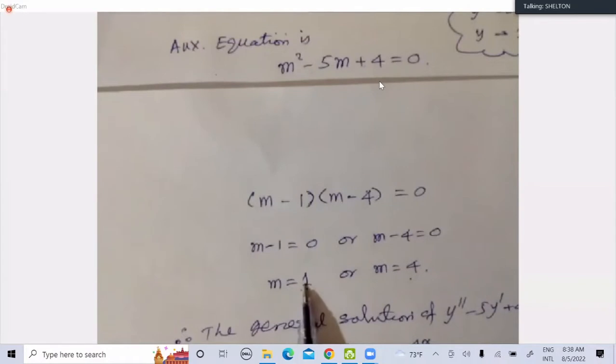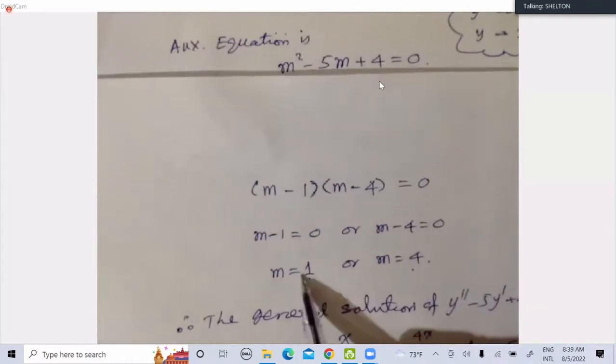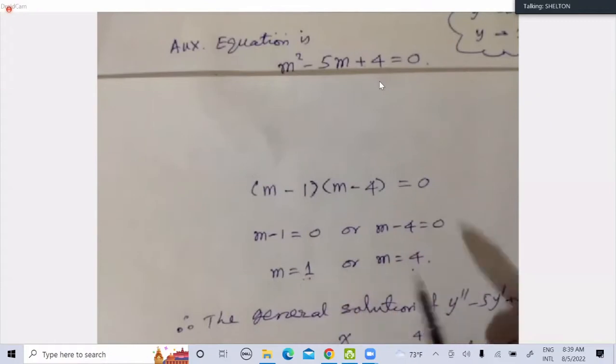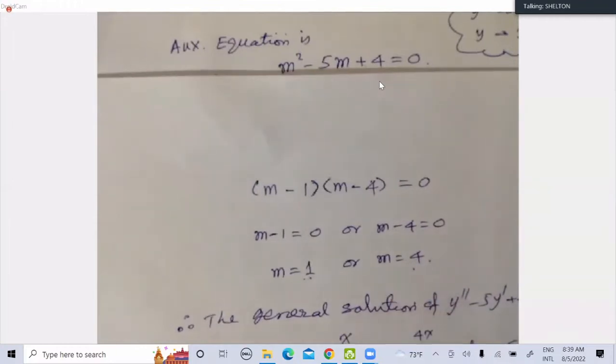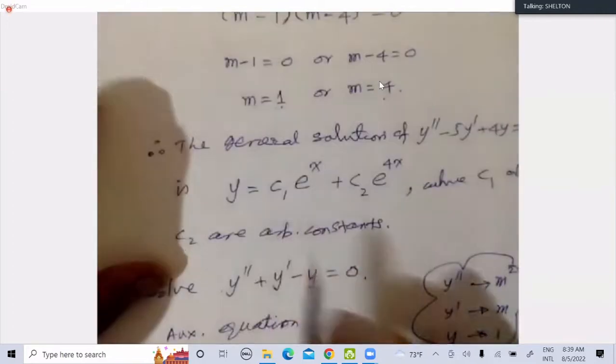For m equals 1, the corresponding solution is e to the x. The second solution we get is e to the 4x. They are not multiples of each other; you cannot write e to the 4x as a constant multiple of e to the x. So two linearly independent solutions are there. Therefore, you can write down the general solution.